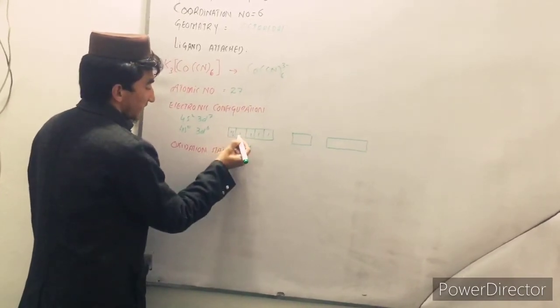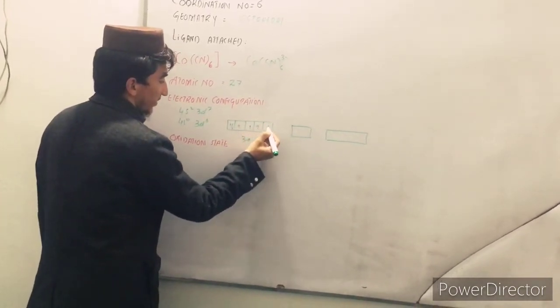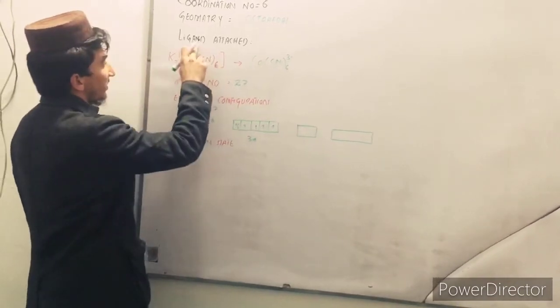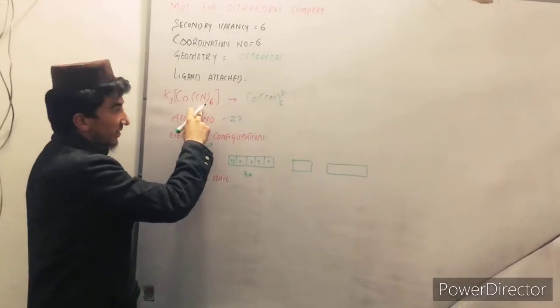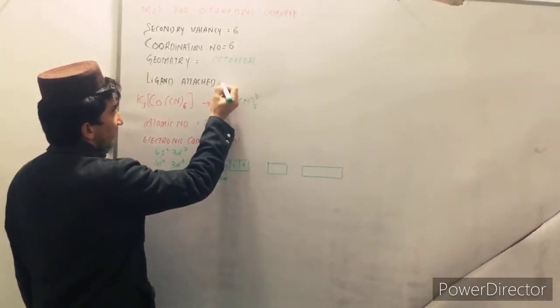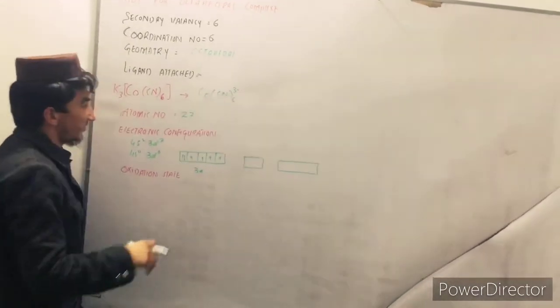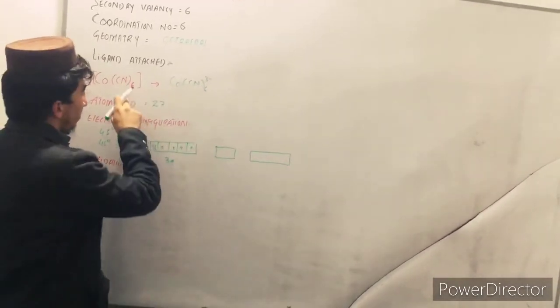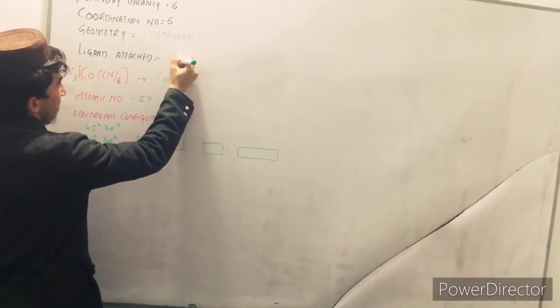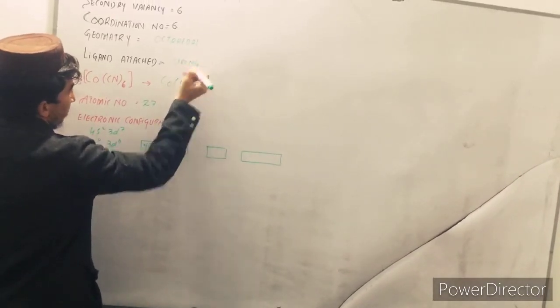Now you can see that there is the presence of a strong ligand, as the ligand attached is cyano. Cyano and ammonia are strong ligands, and fluorine is a weak ligand. Weak ligands we will talk about in the next lecture because there are some other problems. So in this lecture we will only talk about the strong ligand.